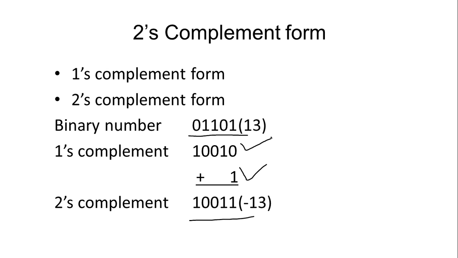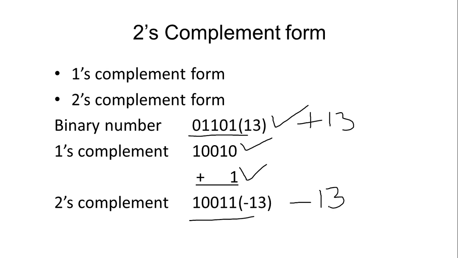Our binary number is a representation of positive 13 decimal, and its 2's complement representation represents negative 13. So 2's complements are used to represent negative numbers, and to get their magnitude, we again perform 2's complement and we get the number back.